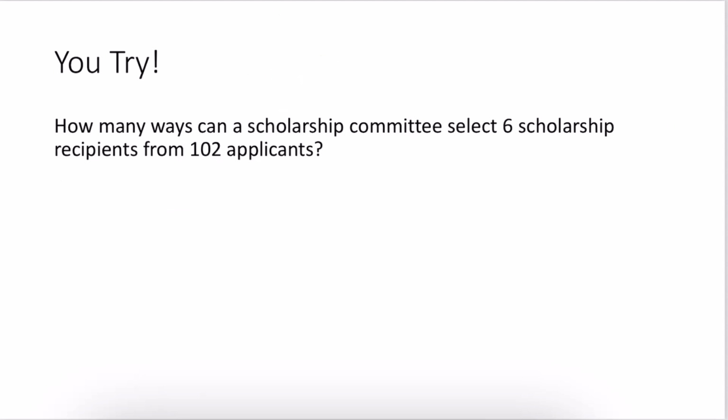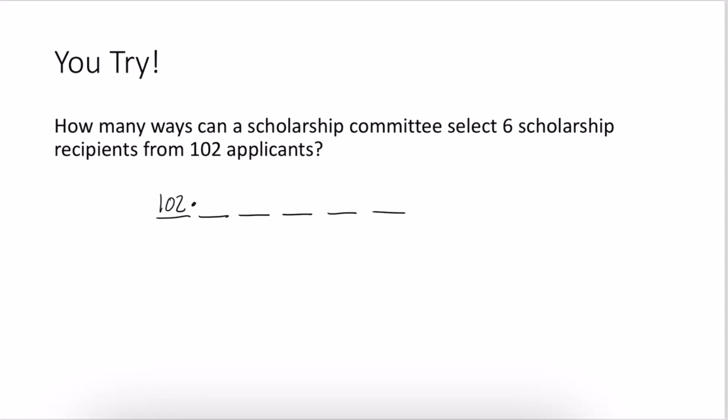And then for this last problem, it says, how many ways can a scholarship committee select 6 scholarship recipients from 102 applicants? So in this problem, we're making 6 choices. And the first choice can be any of the 102 applicants, because the first recipient could be anyone that applied to the scholarship.